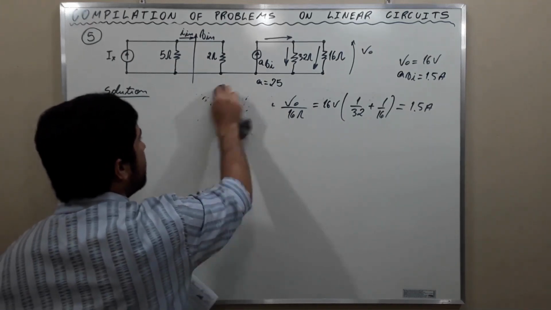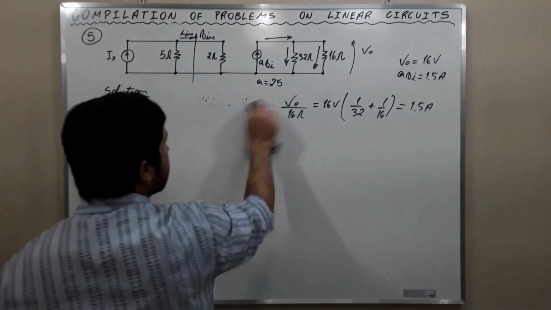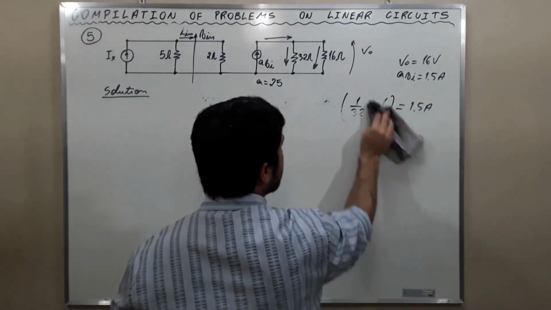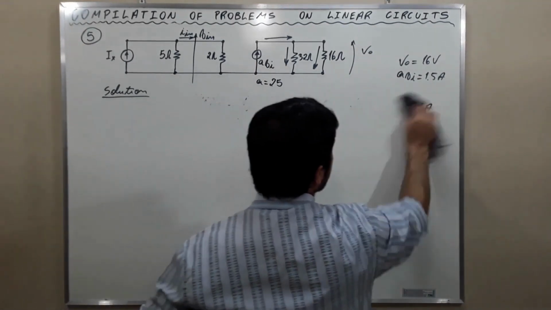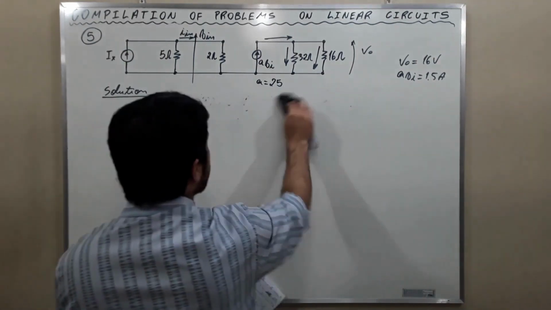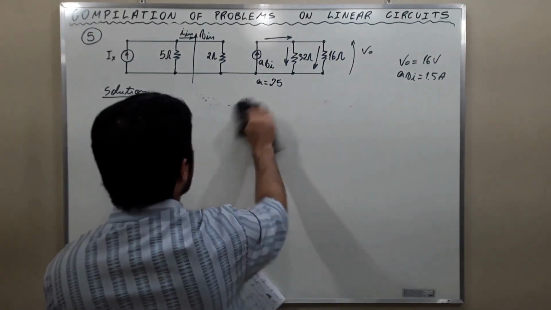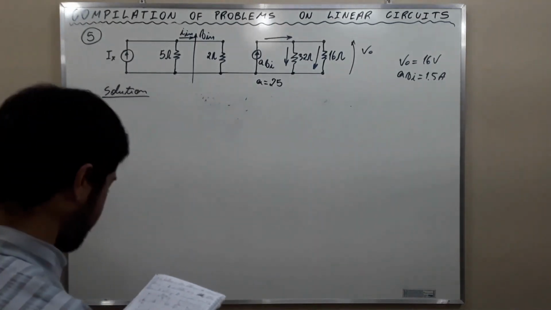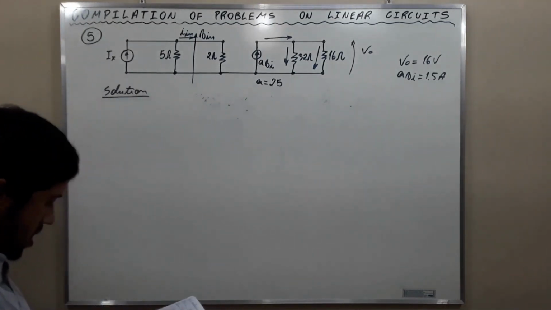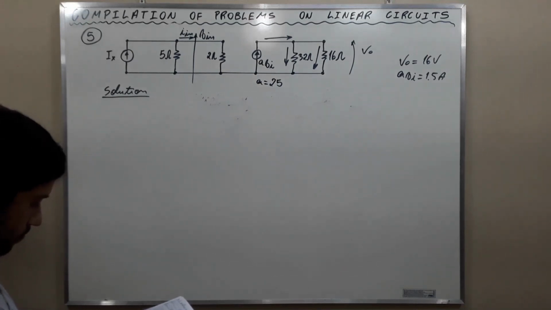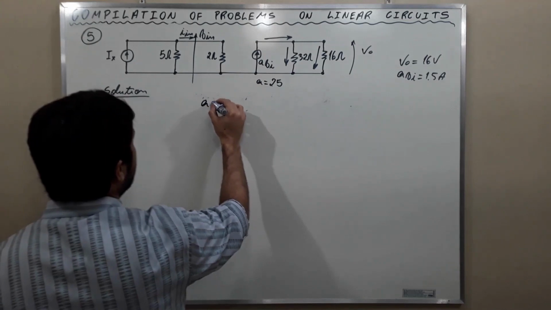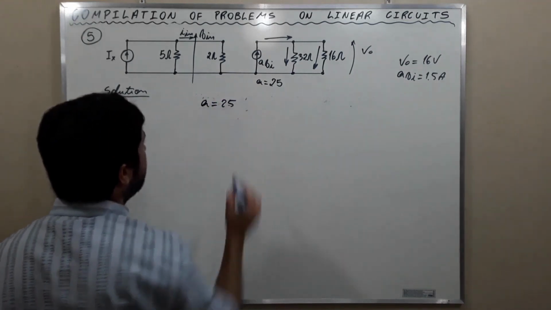Let's find the other parameters. The exercise gave the value of A as 25.